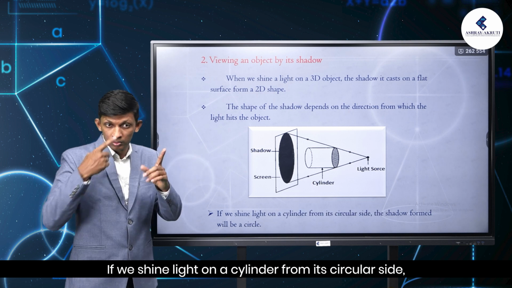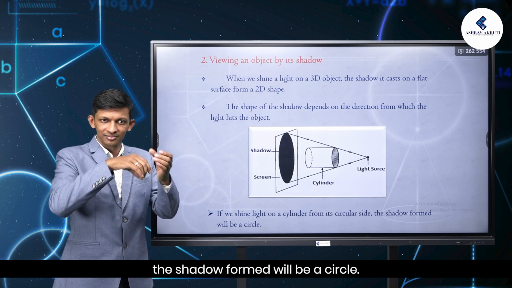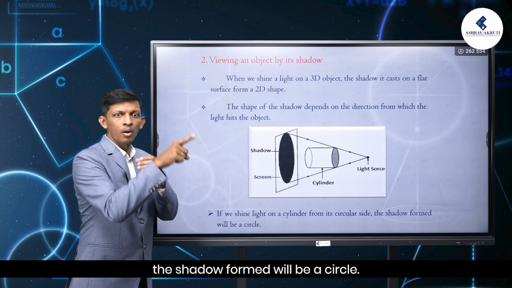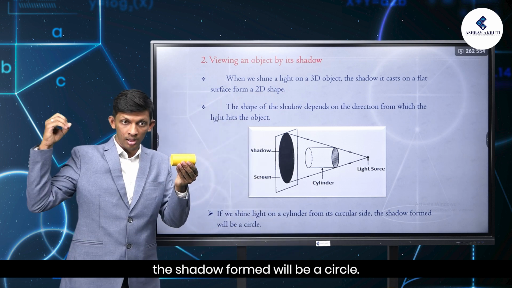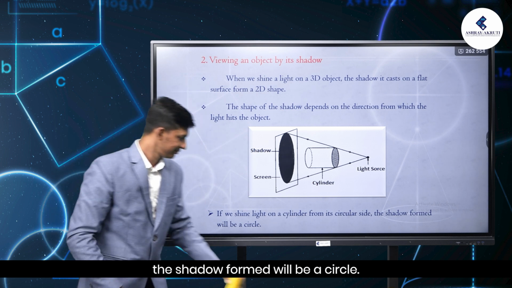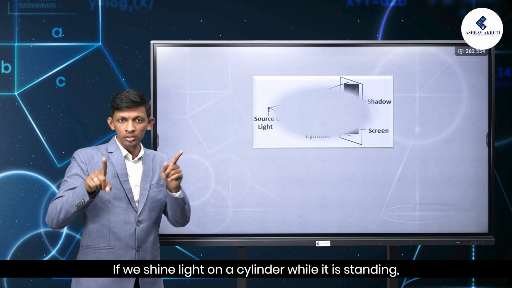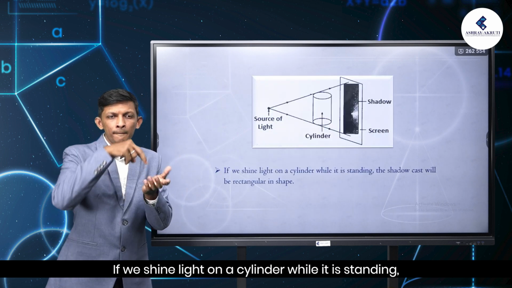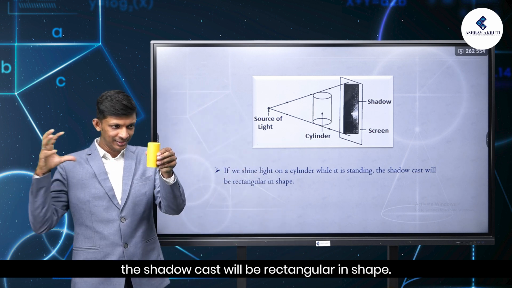If we shine light on a cylinder from its circular side, the shadow formed will be a circle. If we shine light on a cylinder while it is standing, the shadow cast will be rectangular in shape.